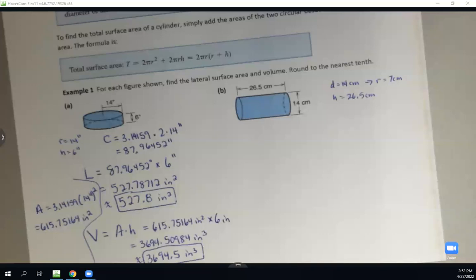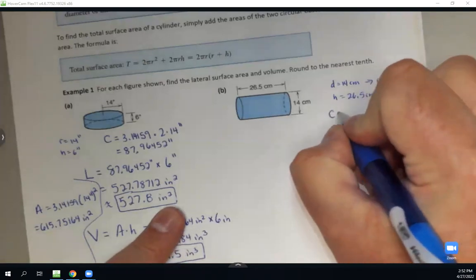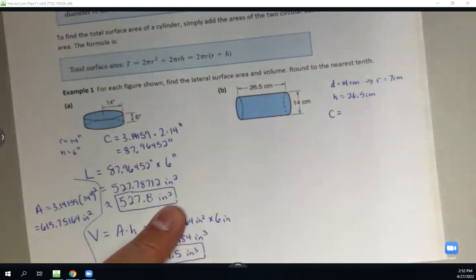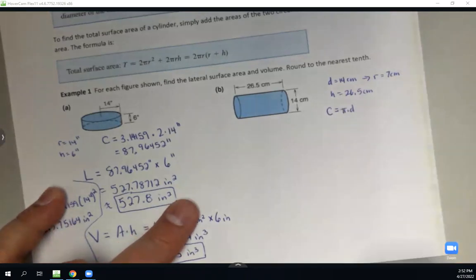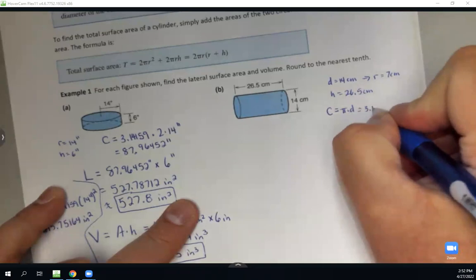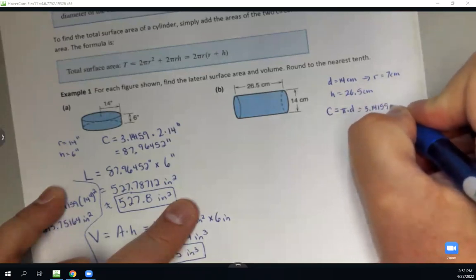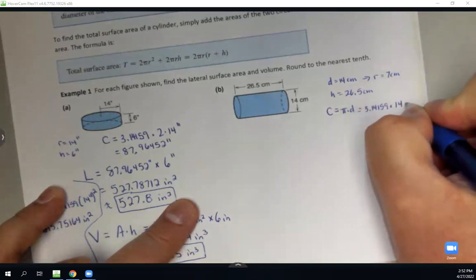So if I want to find the lateral surface area, then I'm going to need to know the circumference. Well, the circumference is equal to pi times the diameter. And so that's going to be 3.14159 times 14 centimeters.